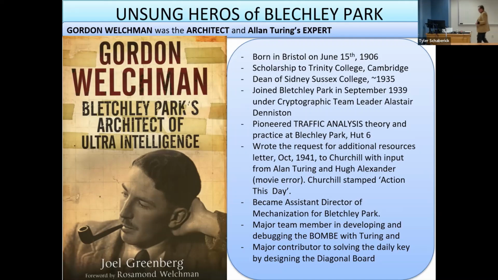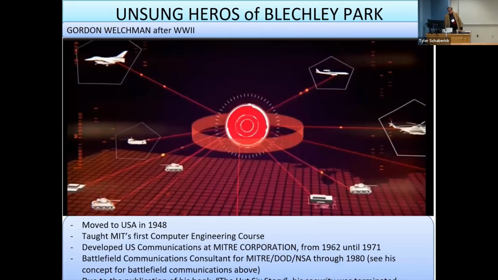So I'm going to go a little bit quicker here. In my research, I started following Gordon Welchman. And we know the story about Alan Turing being arrested on charge of being a homosexual, which was against the law.